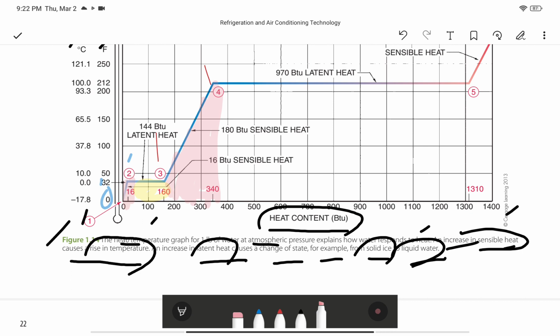And that heat is a combination of, it slightly moves this way from here up to this. Okay, and obviously it raises the temperature from 32 to somewhere around 220, this much.